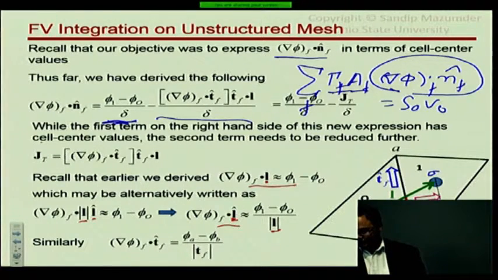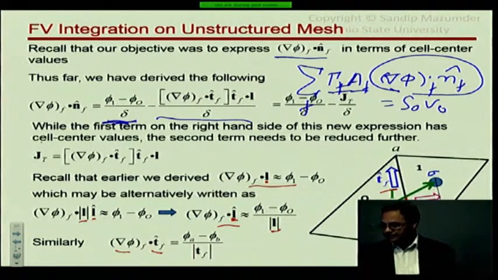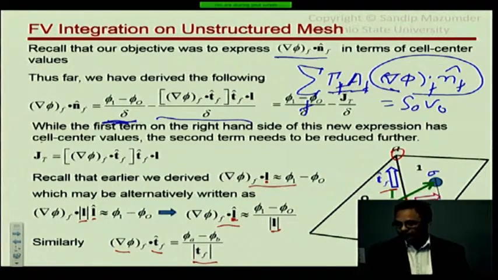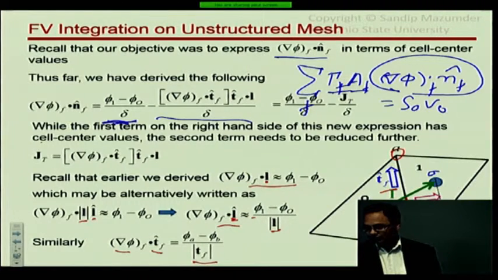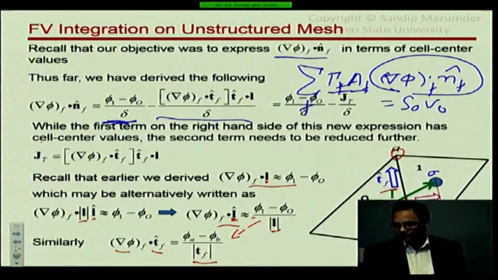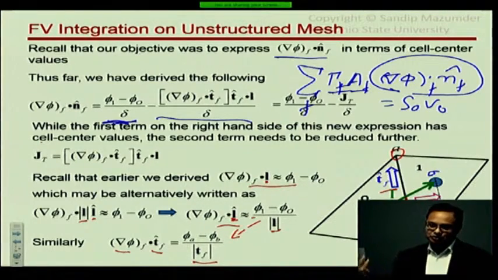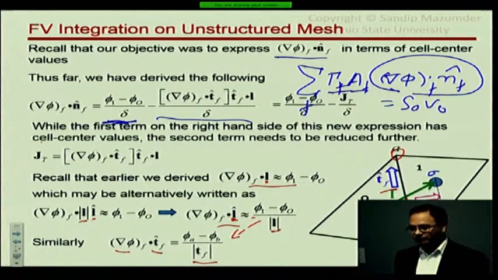So we can say now grad phi dot t, t being the tangent as shown here, is that value minus that value divided by the magnitude of the tangent. Exactly the same. We're drawing an analogy here because both L and T are vectors, so it should be applicable to any vector.